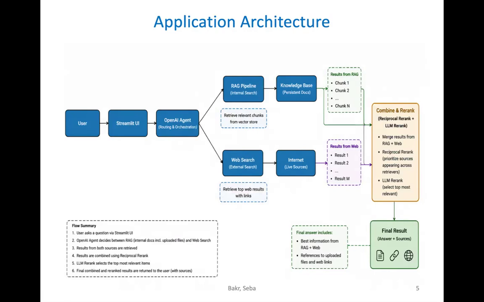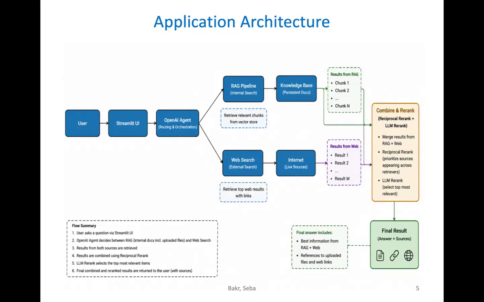So when it comes to the RAG pipeline, whether it's the persistent database or the uploaded documents, it will be broken into chunks and then pushed further. And when it comes to the web search, the OpenAI will retrieve the most relevant response and generate links from the internet and then push it to the next step.